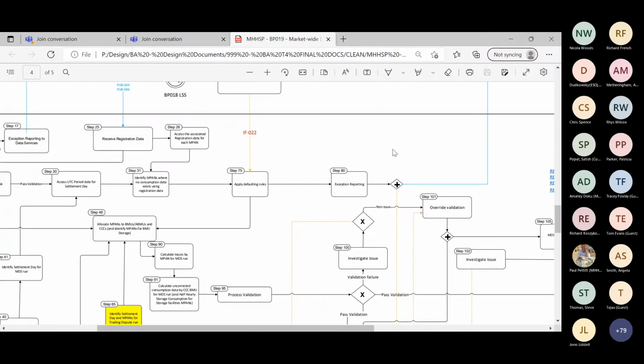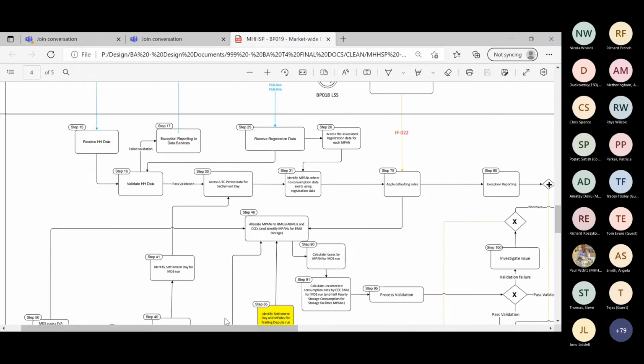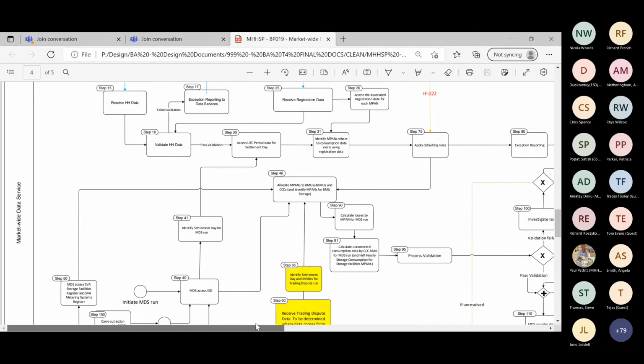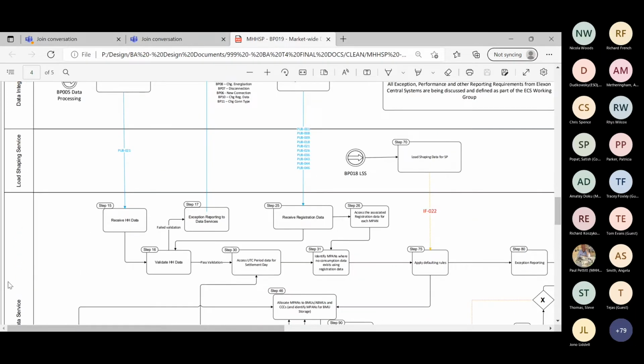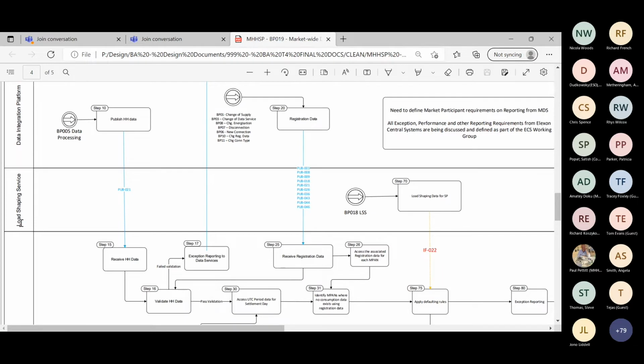Can everybody see this? Yeah. Okay, so this is the business process diagram. You will see that within these diagrams there are swim lanes. So this is the swim lane for the market-wide data service. There are swim lanes for the load shaping service.